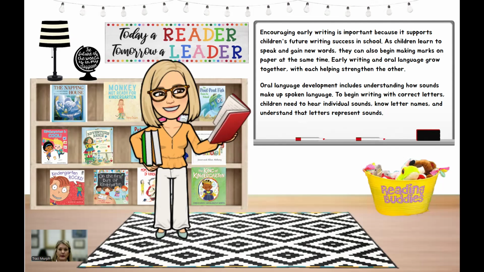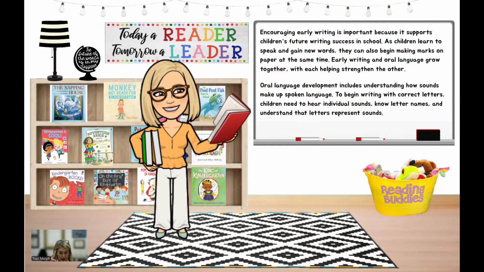Oral language development includes understanding how sounds make up spoken language. To begin writing with correct letters, children need to hear individual sounds, they need to know letter names, and they need to understand that letters represent sounds. Okay, so let me go back over that for a second.